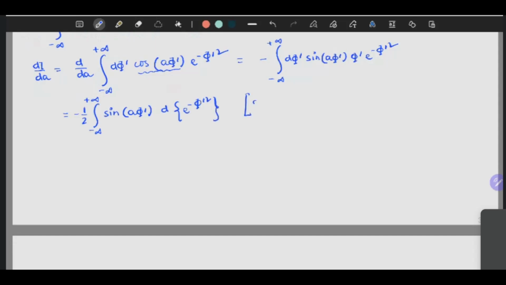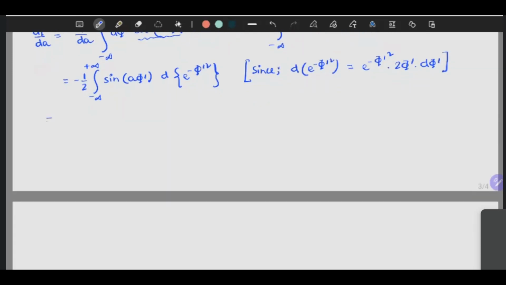Why? Because d of e to the power minus phi prime squared gives you e to the power minus phi prime squared times minus 2 phi prime d phi prime. So that 2 is accounted for by this half.